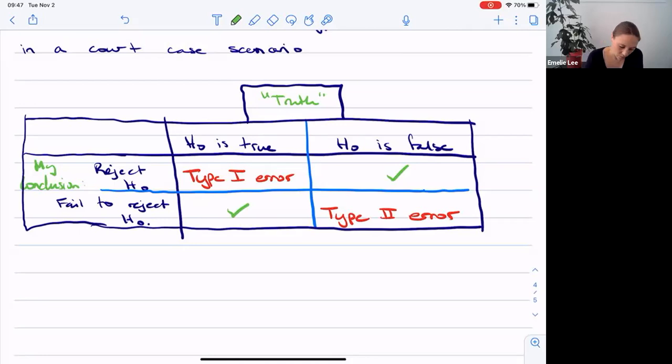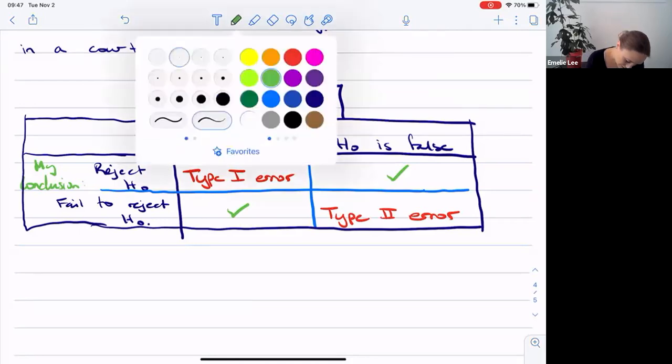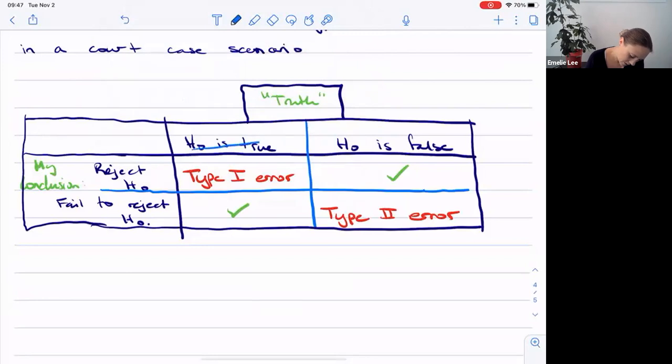So what we said was, okay, let me see if I can find a color that's going to work. Maybe blue. So H naught is true, right? The person is not guilty. Or H naught is false. Why is H naught true? H naught has to be a statement of no change.